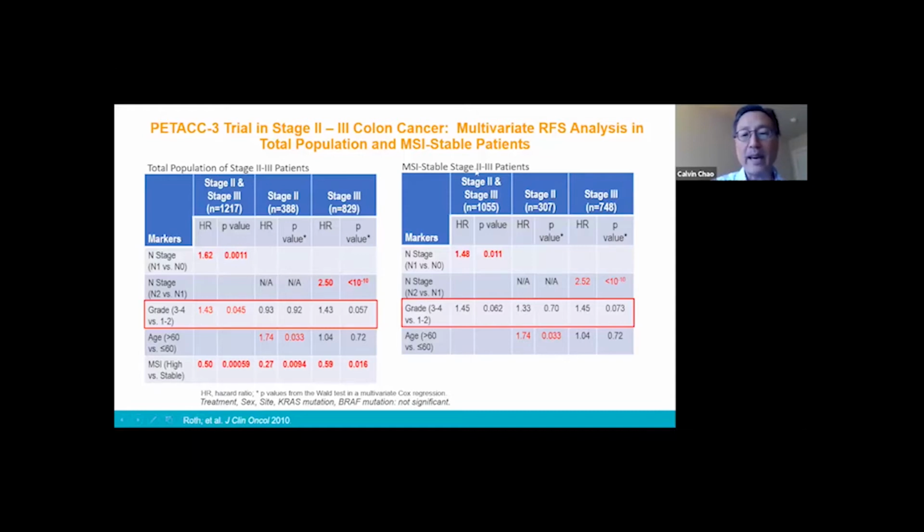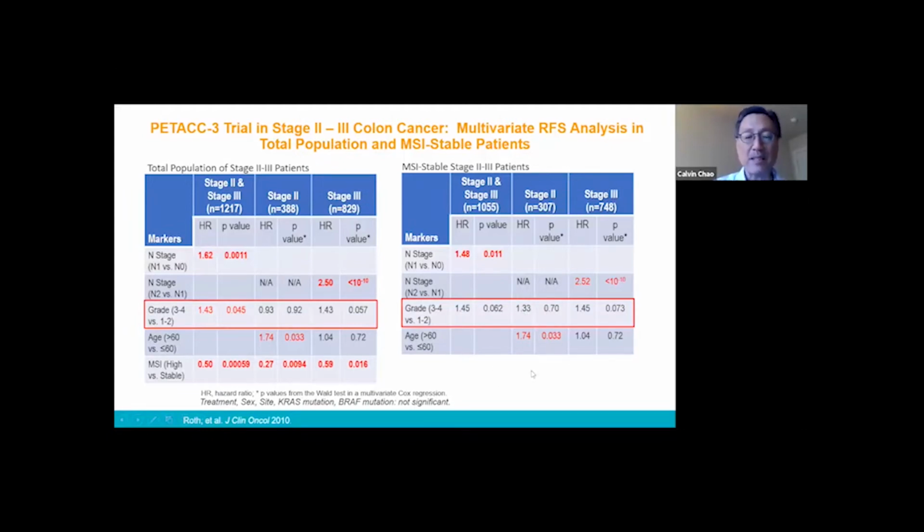If we look only at MSI stable patients, you take out the MSI high patients, and now we see that grade has lost its significance altogether. So again, the same magnitude of the hazard ratio is seen driven by the stage 3 patients, but now in stage 2, the hazard ratio is above 1, but not significant.